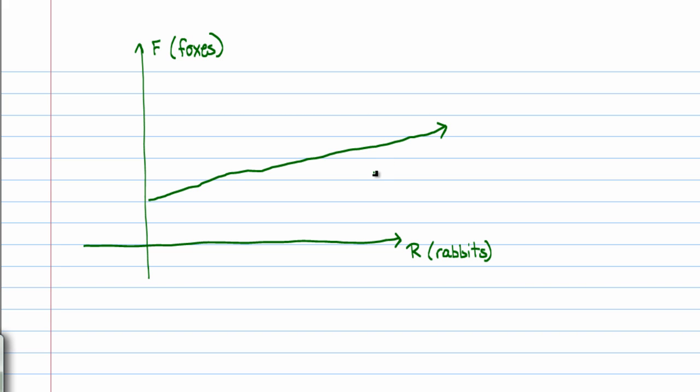then if I were to ask you to describe what this slope means, the units of the slope, I suppose is a better way to say it, is foxes per rabbit, or per number of rabbits if you want.